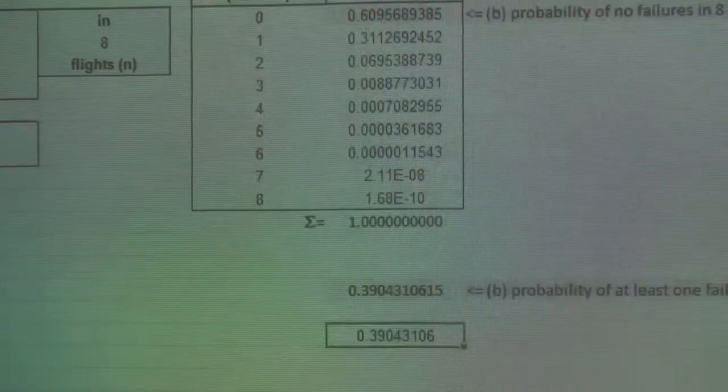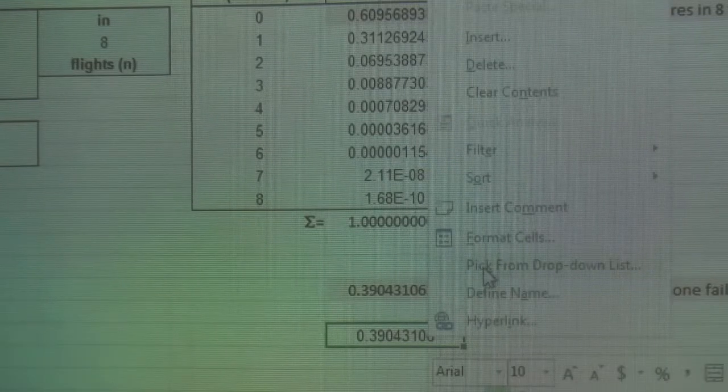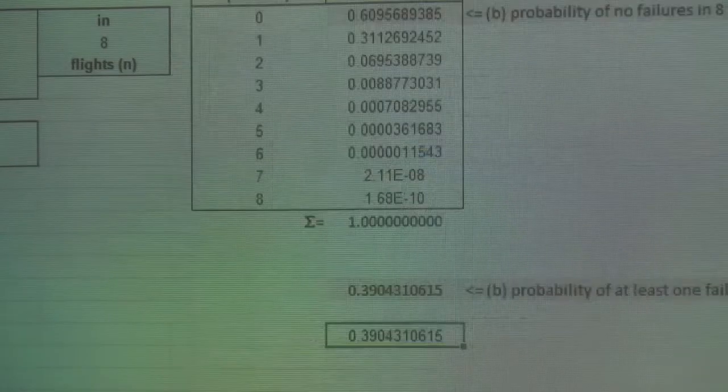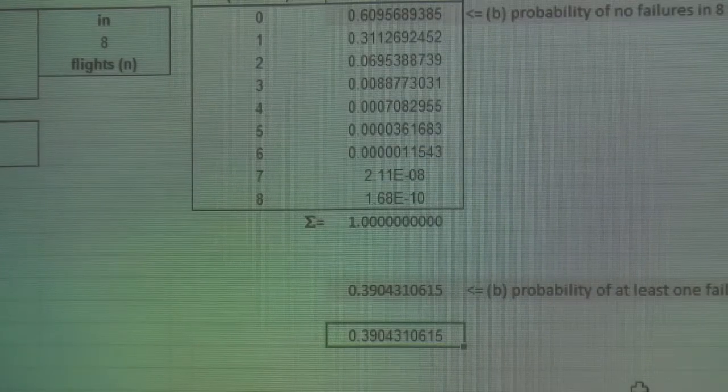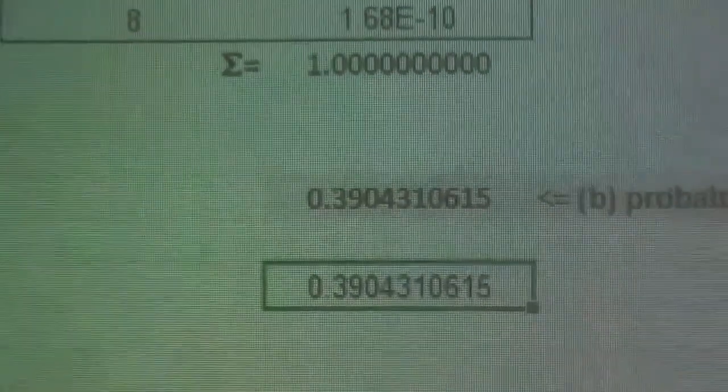It must have been 10, not 8. Yeah, identical. And it should give you the identical answer.